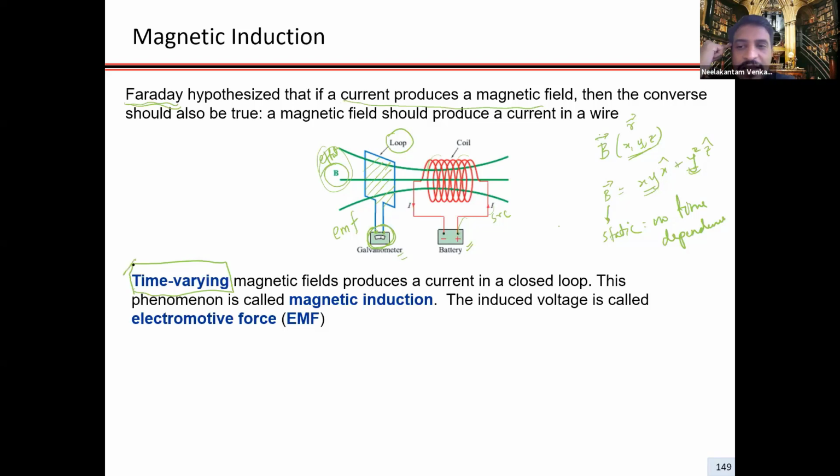But when I say time varying, what do we mean by that? That means the B field is changing with time. So my B field is not only a function of position in space, but it is also a function of time. It keeps changing with time. Then the magnetic field is no more static, you call it dynamic.